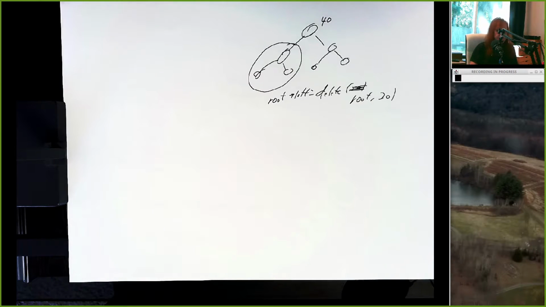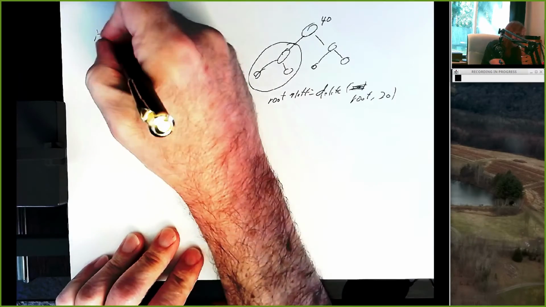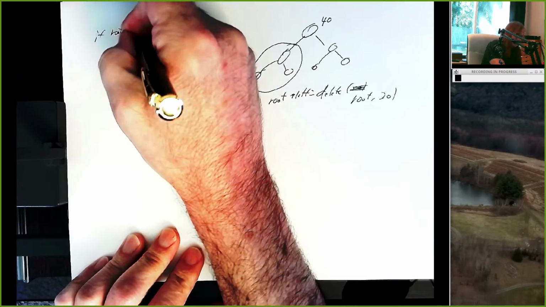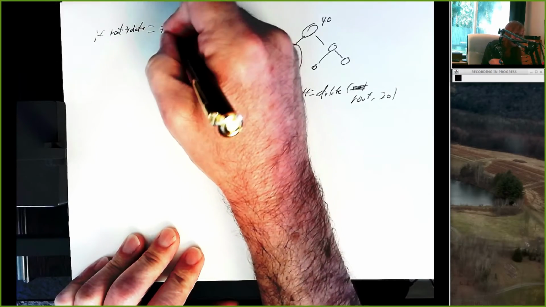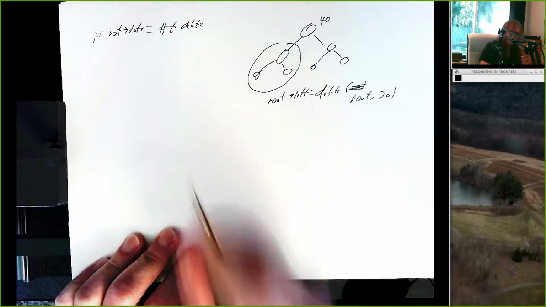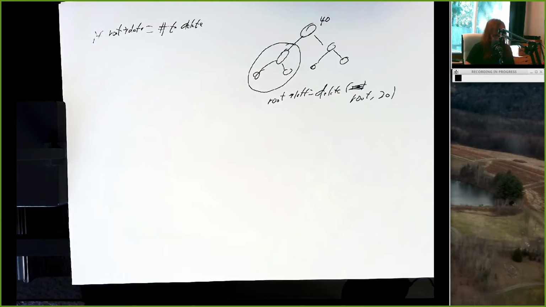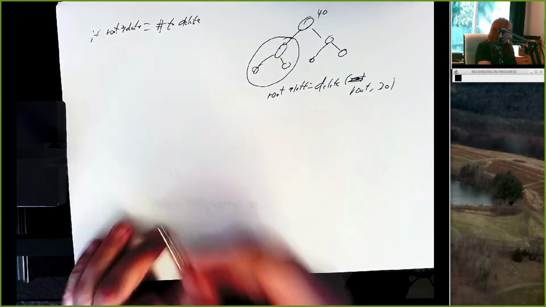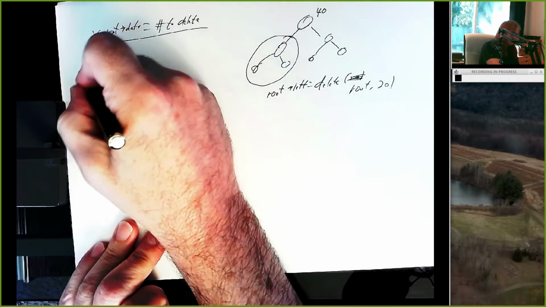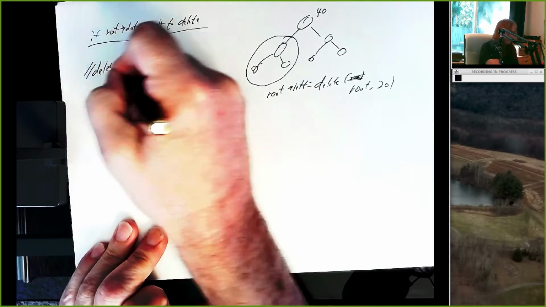The hard part is the base case, which is if root arrow data equals the number to delete. And in PA4, these aren't numbers, they're strings, so you have to use your string compare, same as you did in PA3. But when you want to delete the root, that's where we start getting into the interesting stuff.